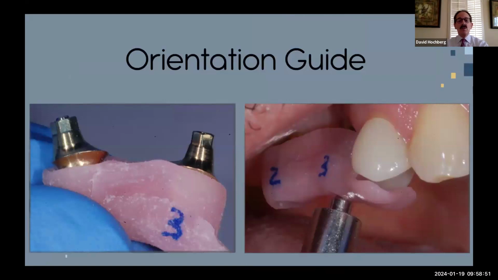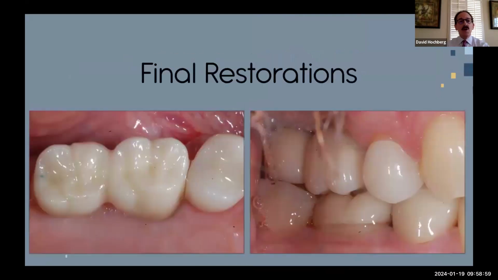I've secured the posterior site first, and now I'm securing the anterior site and just hand torquing it to place. Try it in, splinted. Adjust that contact on that first crown, that first unit, and then go ahead and cement it. And the restoration will function nicely. Patient is pleased with it.